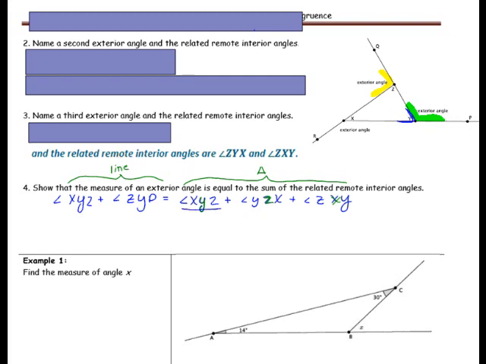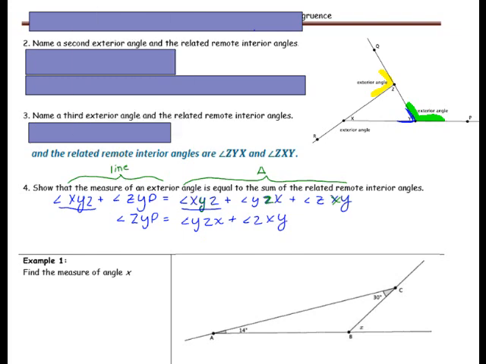So we have XYZ and XYZ. Since those are congruent, we can subtract them from both sides of the equation and it will remain equal. When we do that, we are left with the exterior angle ZYP, and then on the right side of the equation, we are left with the two remote interior angles, angle YZX plus angle ZXY.